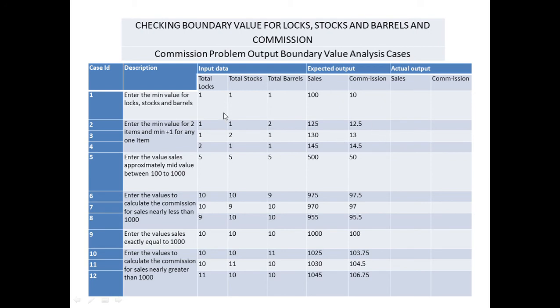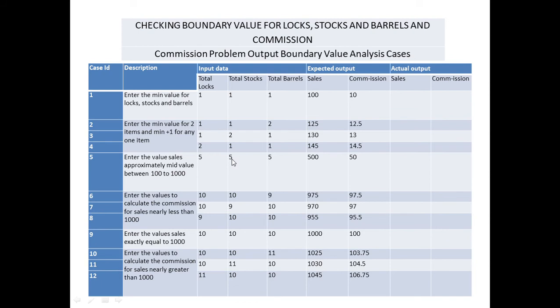Next, in the fifth test case, enter the value of sales approximately in the middle, between 100 and 1000. So next is the middle value we have to consider. The middle value of sales we are considering, even that we are taking as the input factor.